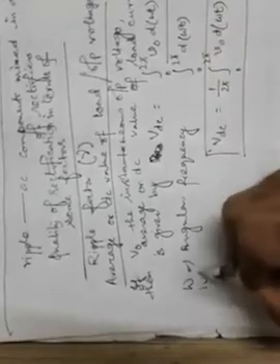Now if we analyze, a higher value of this VDC indicates that the performance of the rectifier is better. So this is how to find the average or DC value of the output of a rectifier.